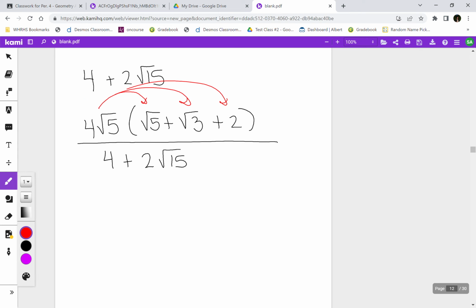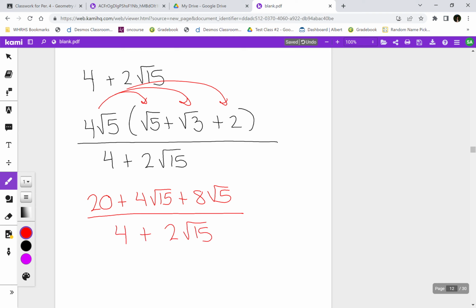When we distribute, we're going to get 4 times 5, which is 20, plus 4 root 3 plus 8 root 5. Did I do something wrong? Oh, no, it's 4 root 15. Sorry, 4 root 15. Y'all are so aggressive. All right, and then our denominator is 4 plus 2 root 15. Am I done? No. What am I going to multiply by now? The conjugate. 4 minus 2 root 15.